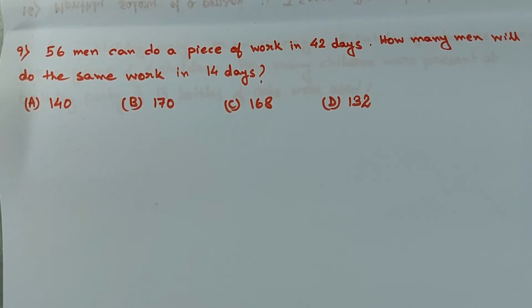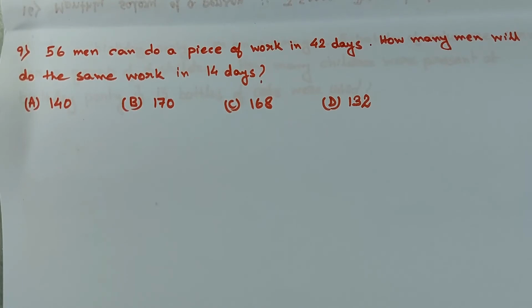If the number of men increases, suppose I can do a work in 2 days. Now if another person joins me, then obviously the work will end quicker and take less time, isn't it?